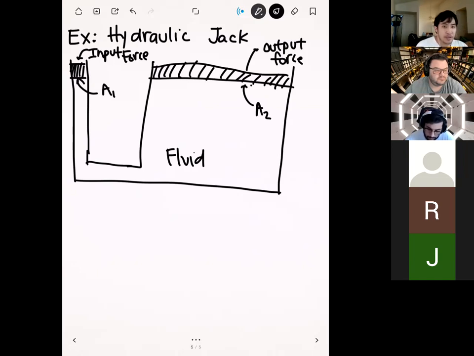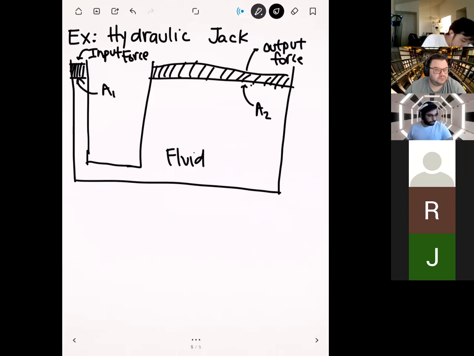The way this works is that on the input plate, you put in some force, so that's where you're pumping down basically. Then at the output plate, you have an output force. The idea is that, because of the design of the jack, the output force is going to be much higher than the input force.